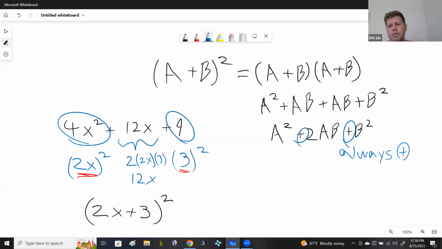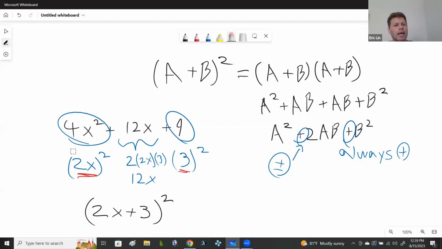However, this middle term could be plus or minus. That would indicate to you which way a or b goes. Is it positive or is it negative? We usually, for the sake of simplicity, say that b is the one that's negative, because putting a negative sign in front of your a term just looks ugly.